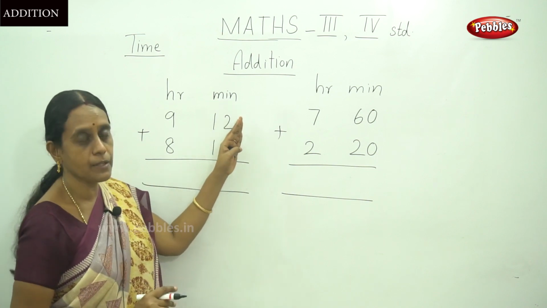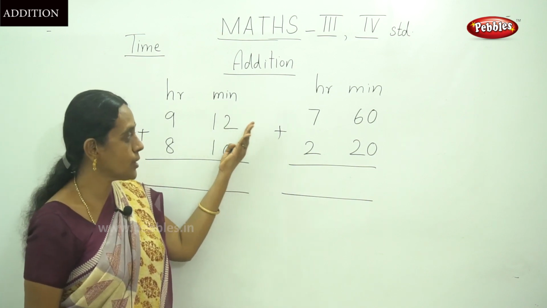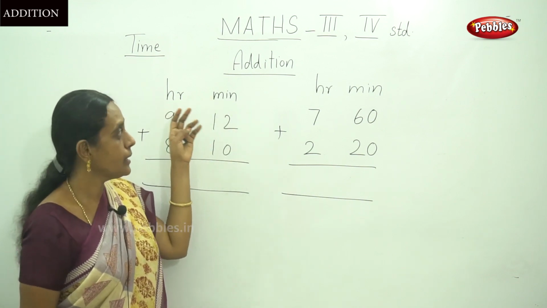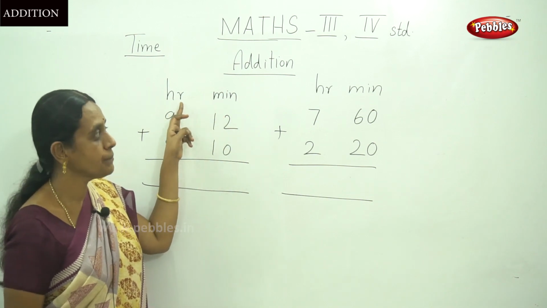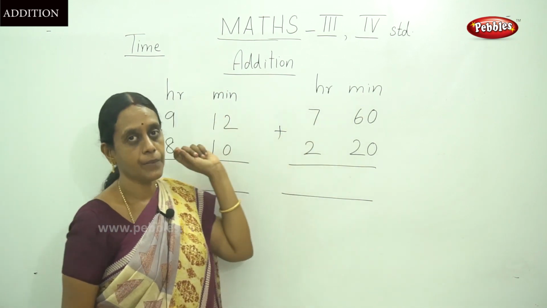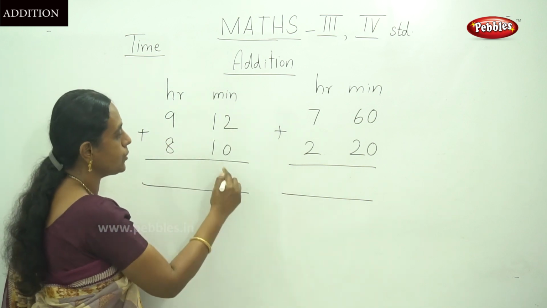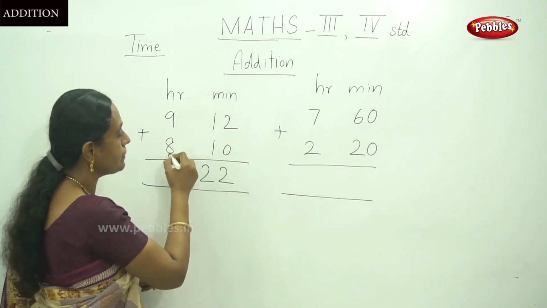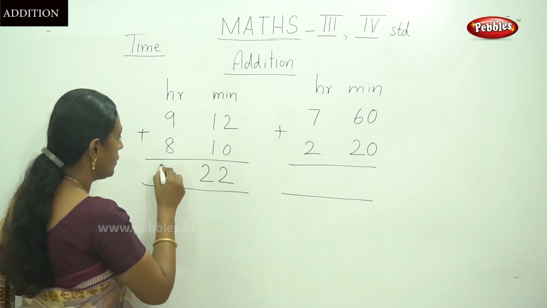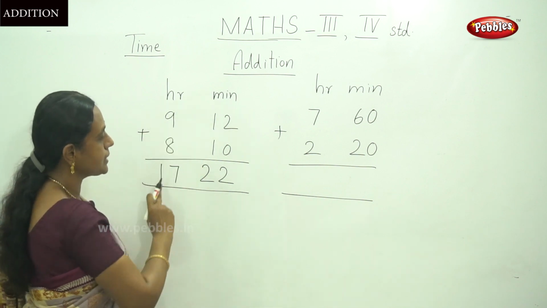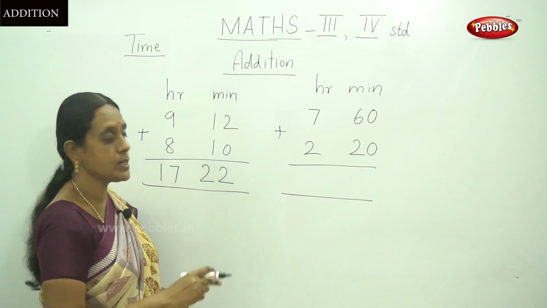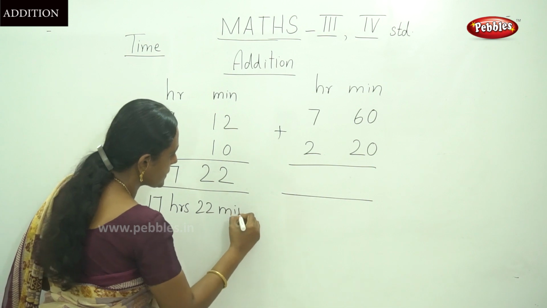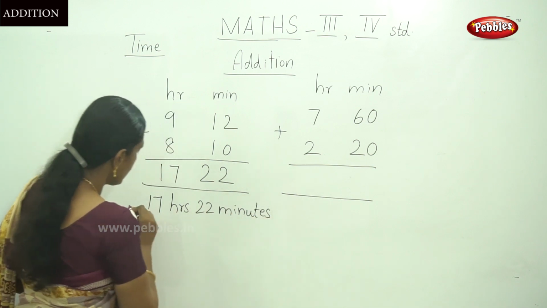First you start from the right hand side digits towards the left, as per normal addition, ones, tens, hundreds. Here we have a minutes unit and an hour unit. 2 plus 0, answer is 2. 1 plus 1 is 2, and 9 plus 8 is 17. So the answer is 17 hours 22 minutes.